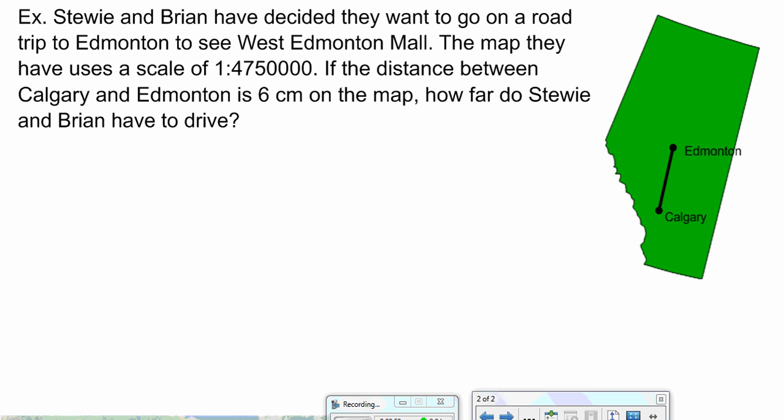So, keeping in mind a ratio is drawn to real. So 1 centimeter drawn on the paper is 4,750,000 centimeters in real life, or 1 meter is that many meters in real life. It doesn't matter what units you use, the ratio still stays the same.